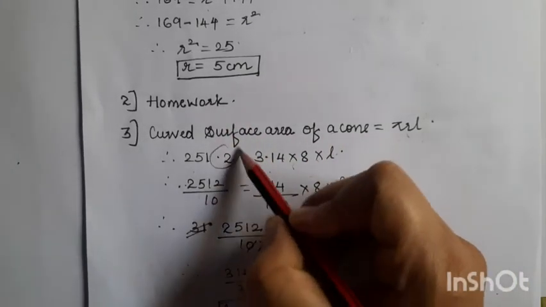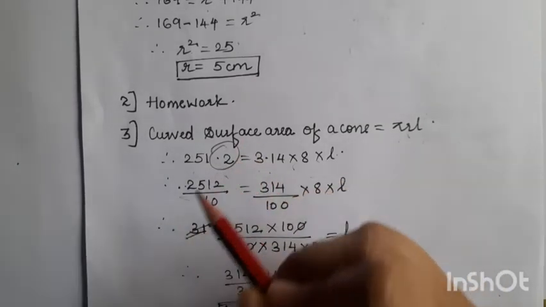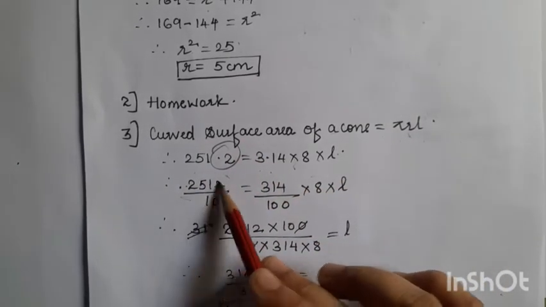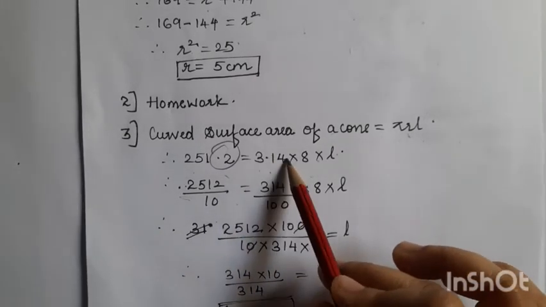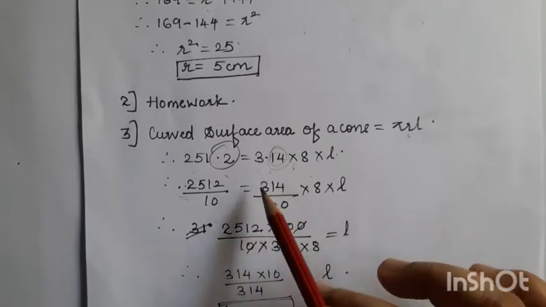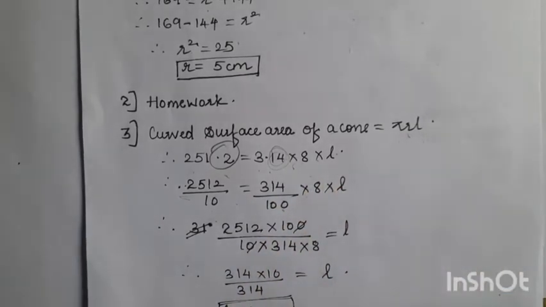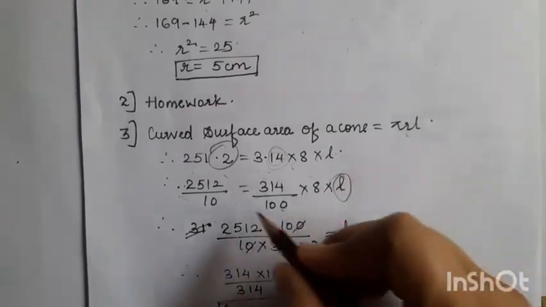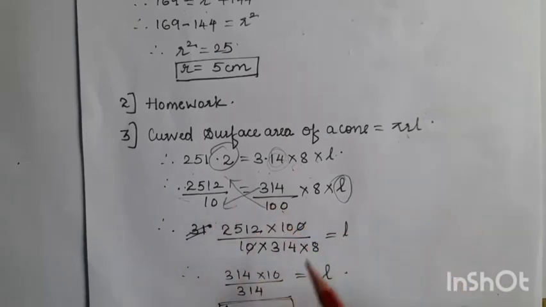Now this 251.2, that means 2512 upon 10, one decimal digit, right? So 2512 upon 10 is equal to 3.14. Here there are two decimal digits, so 314 upon 100, multiplied by 8 into L. Now I shift all the numbers together and keep L over here itself. This 100 will go up, then 314 will come down and 8 also will come down.